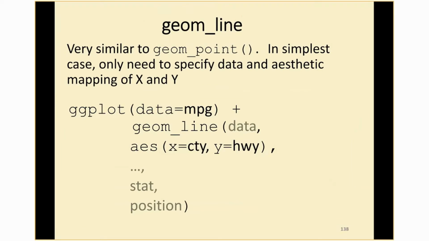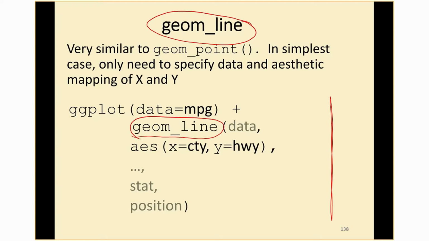So in terms of the coding for this new geom_line, we're going to go back to this template that we've seen several times before. And overall, the template doesn't look that different for geom_line than it did for geom_point. We're going to have our two layers. We're going to have the plotting function in which we specify the data.